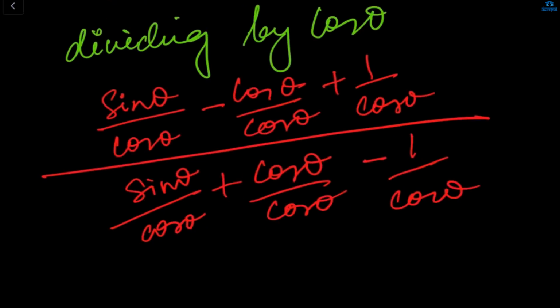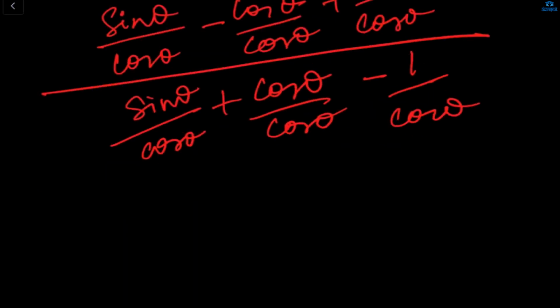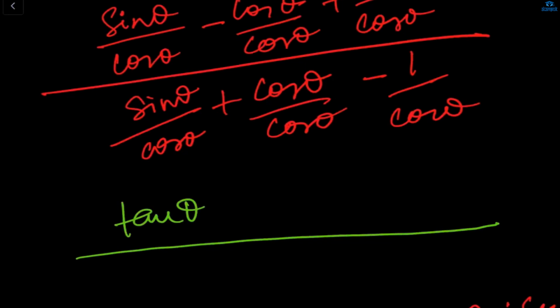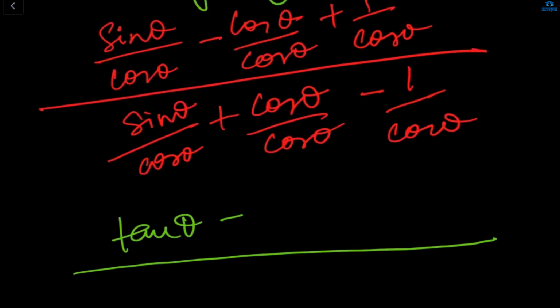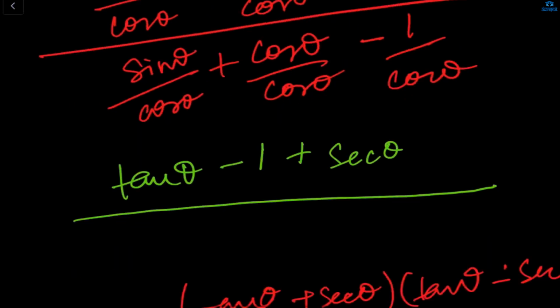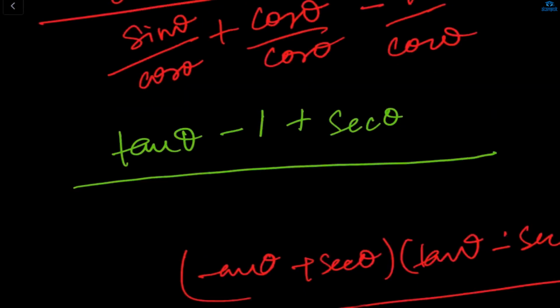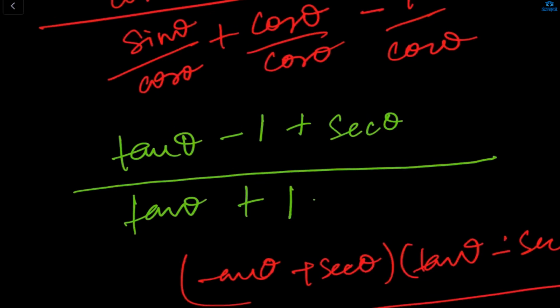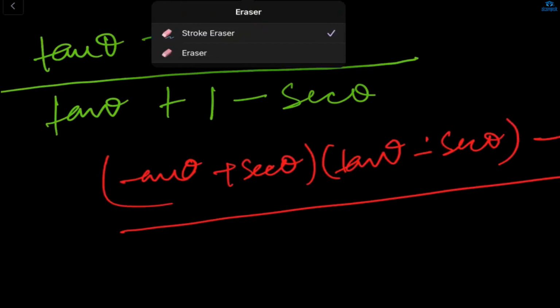In the numerator, sin theta upon cos theta will give you tan theta, minus cos theta upon cos theta gives 1, plus 1 upon cos theta gives sec theta. In the denominator, sin theta upon cos theta again gives tan theta, plus cos theta upon cos theta gives 1, minus 1 upon cos theta gives sec theta. Does anybody have any doubt till now?